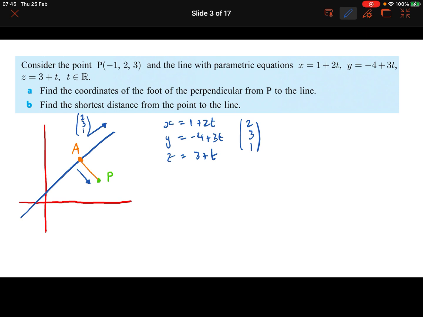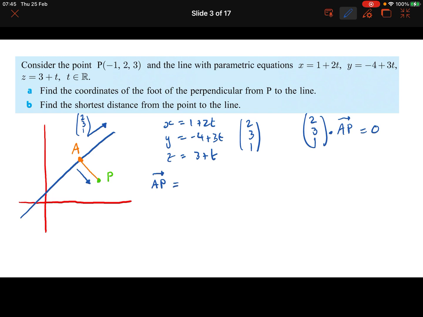So 2, 3, 1 dot AP must be equal to 0. So all I need to do is find out what the vector AP is. I would like to know AP.